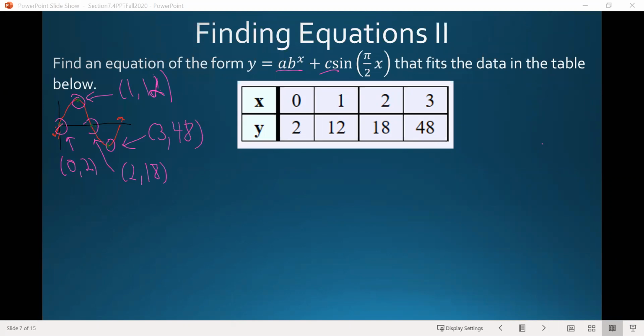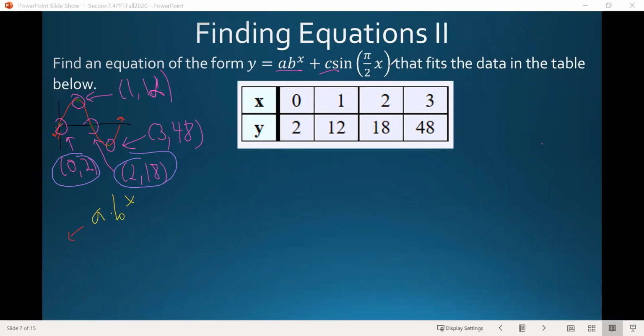All right. So we again start by finding the equation, the midline. So we need to find the equation a times b to the x, which we can start by using 2 of the points in the midline, which according to our picture here, looks like that'd be 0, 2 and 2, 18.